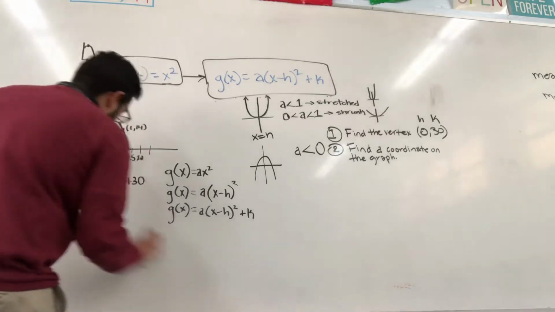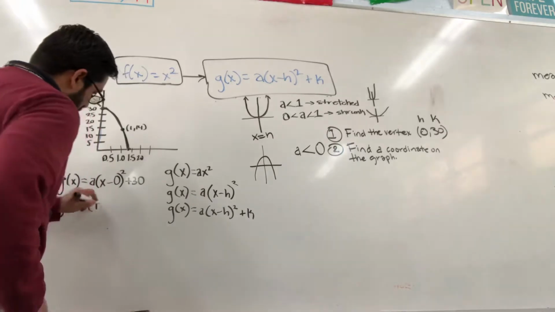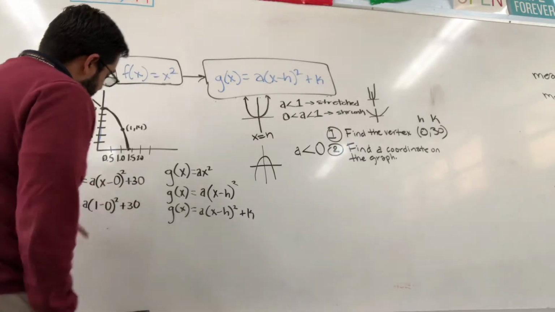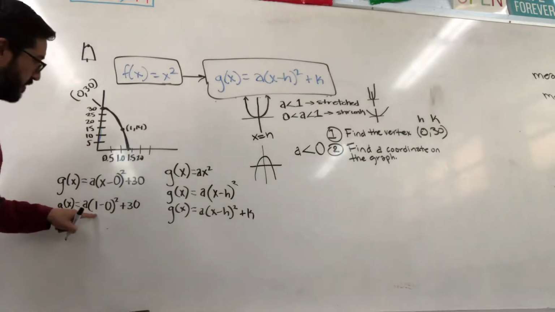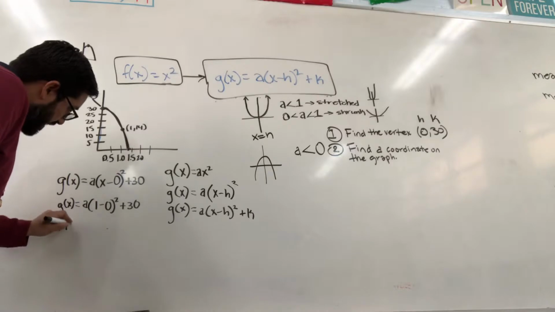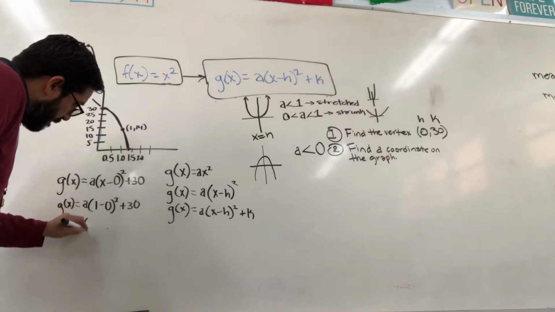Squared plus 30. Now, I've just plugged in my x value. I also want to plug in my y value, which is 14, and that's going to go right where you think it would.